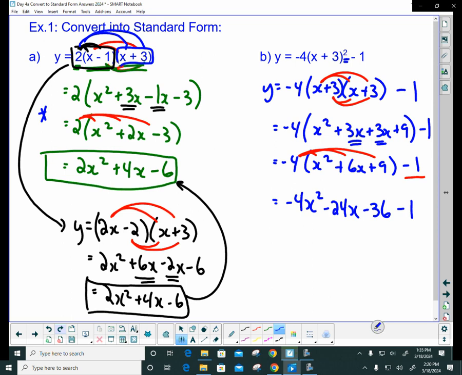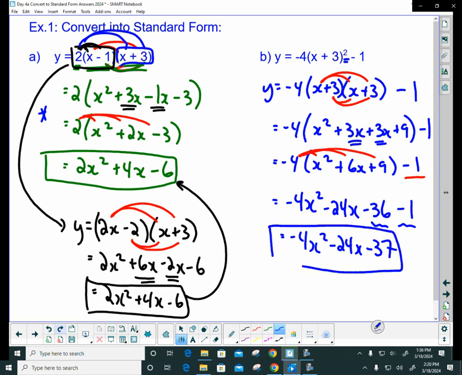And then the minus 1 is just hanging along at the end. Now I can start considering that negative 1 and negative 36. So I get negative 4x squared minus 24x minus 37. And that is the standard form for this vertex form that I have up at the top.